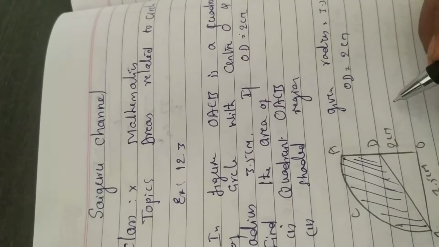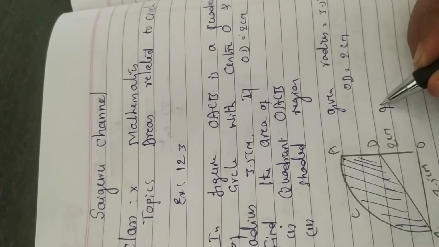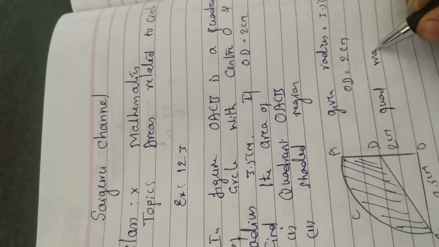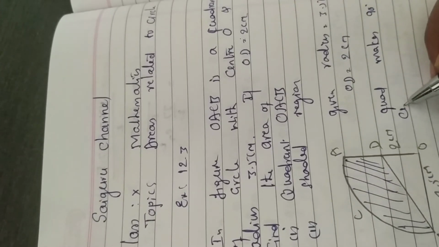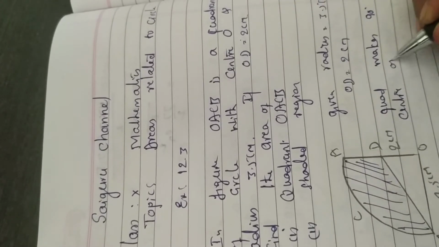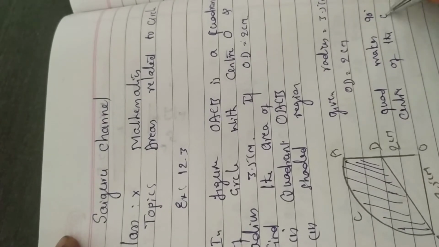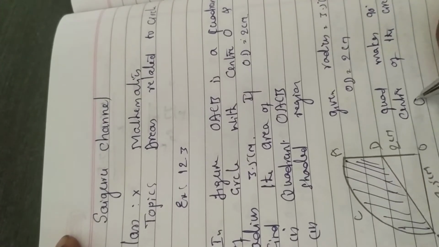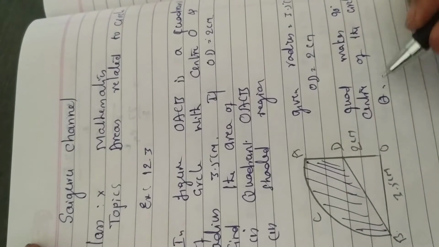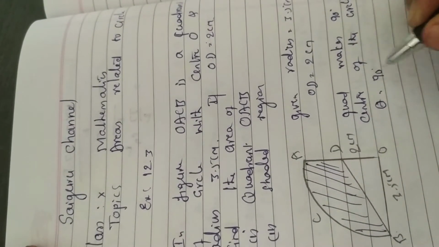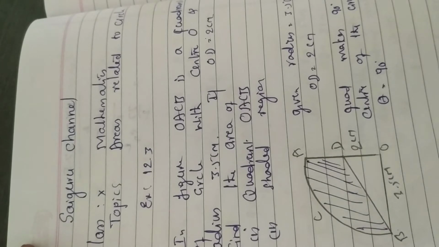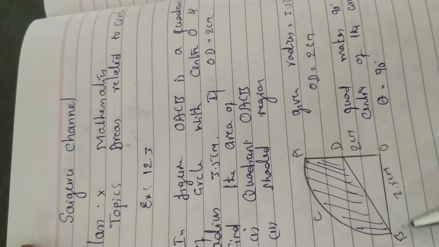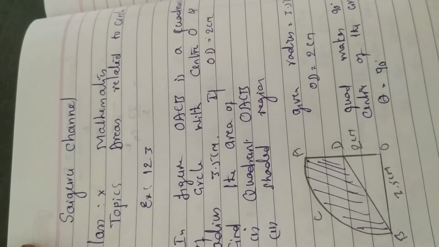So we know that the quadrant makes 90 degrees at the center of the circle. Therefore, the central angle theta is equal to 90 degrees, because we know that the sector area is equal to theta by 360 into pi r square. So here the quadrant is also a sector of the circle.